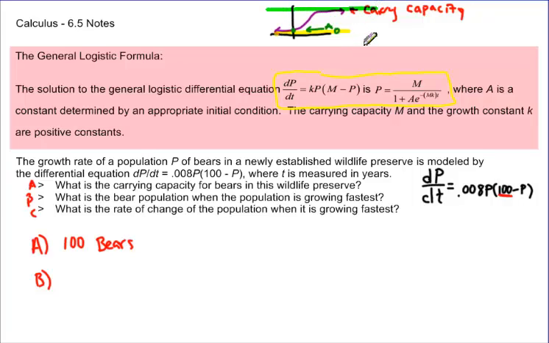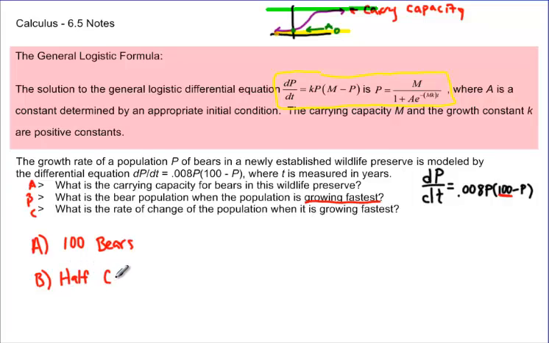And so where the bears are going to grow quickest on any logistic function, you're going to have your population changing the most when you are halfway to the carrying capacity. So anytime you're asked about the fastest growing, it's going to be when you're halfway to your carrying capacity.